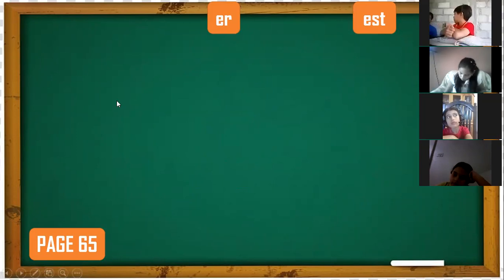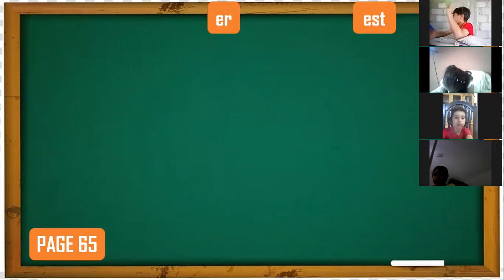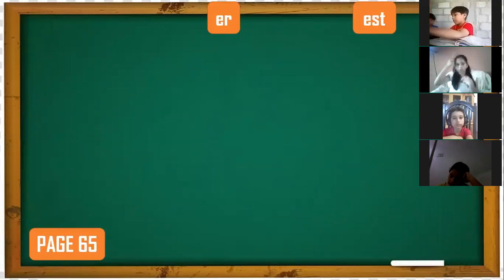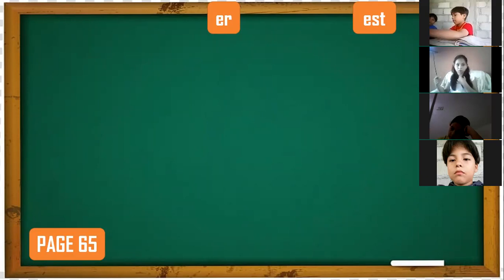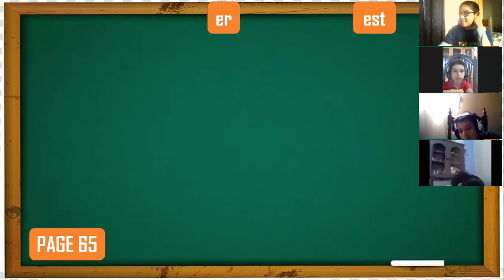Now we are going to move to the next exercise, and I am going to ask, for example, Alberto, could you please help me reading the second instruction from page number 65? Alberto, you can do it. The second instruction for the second exercise. From your book, no. Alberto.